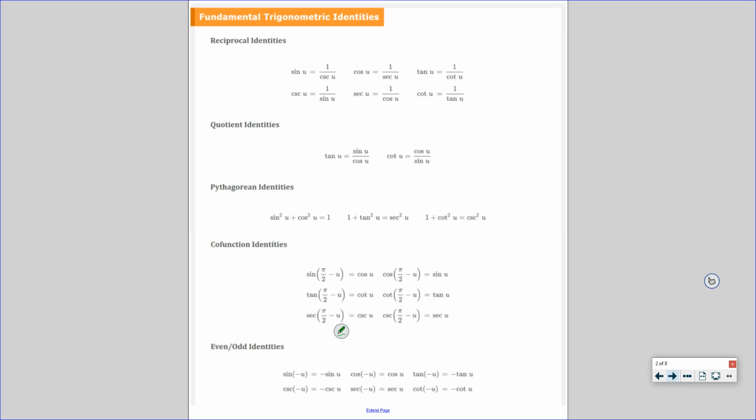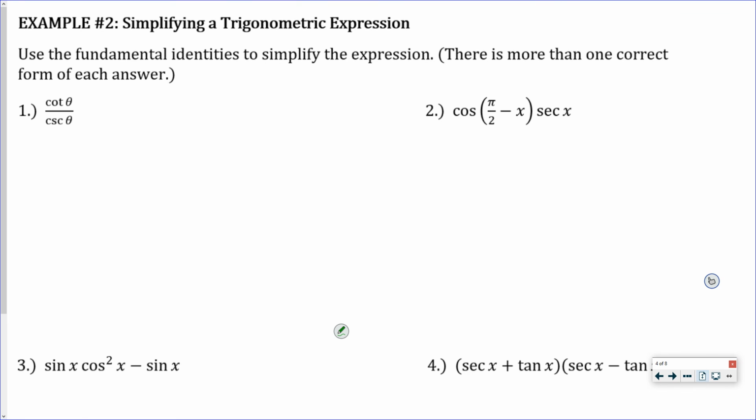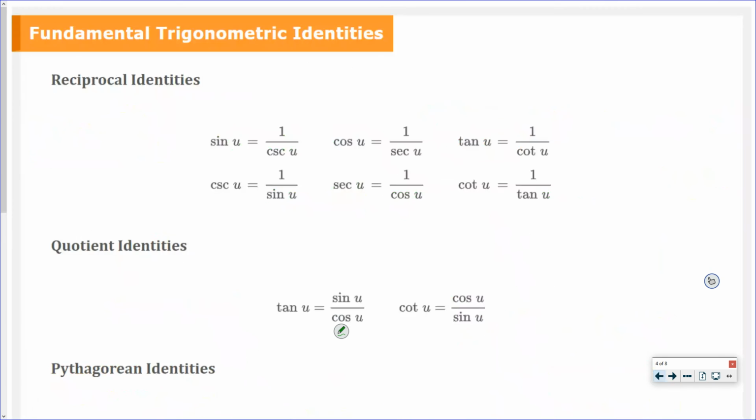And you're basically just gonna try to rewrite them using one of the identities to see if anything cancels out or simplifies. One of my pieces of advice is anytime you're given the reciprocal identities, it's often helpful to rewrite them in terms of sine and cosine. So for cotangent, instead of writing that as 1 over tangent, write it as cosine over sine. That usually helps cancel some stuff out.